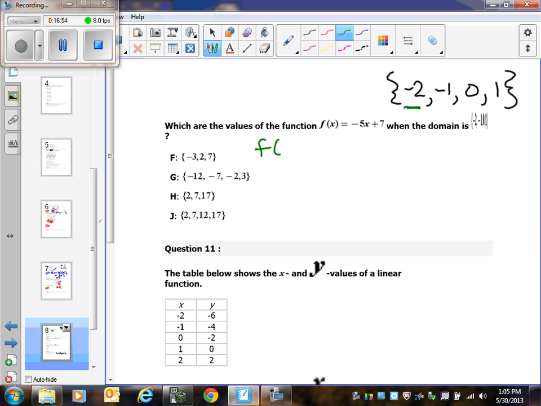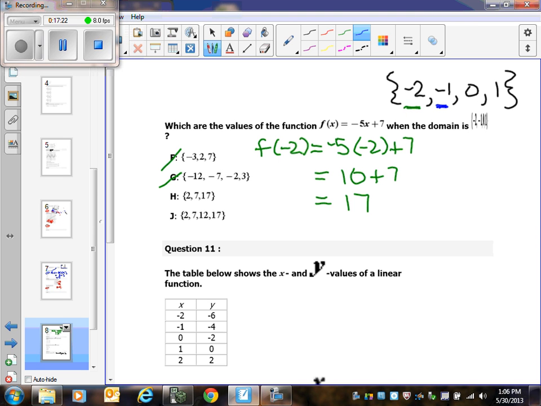So let's do f of -2 first. So that's going to be -5 times -2 plus 7. -5 times -2 is positive 10. And 10 plus 7 is 17. Okay, but answer cannot be F or G because we don't have 17 in those sets. So my answer is either going to be H or J.